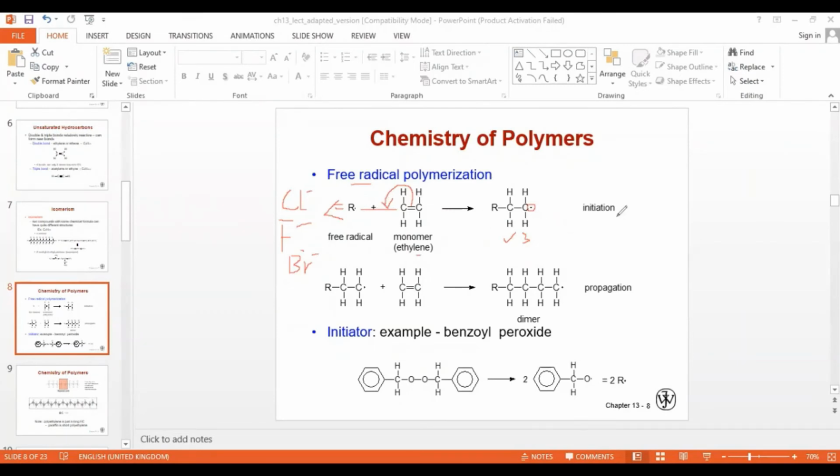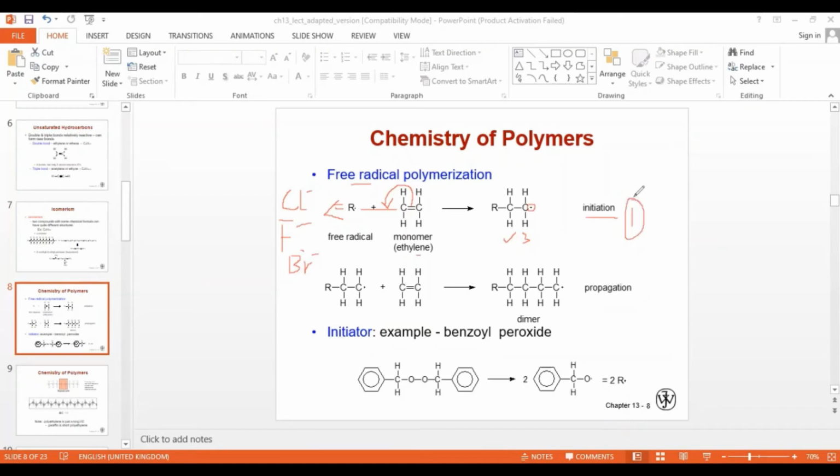And this is the initiation stage. There will be a monomer, and a free radical, which can be any atom, and that will break one bond of this monomer to form a bond with it. This is the initiation stage, the first step.